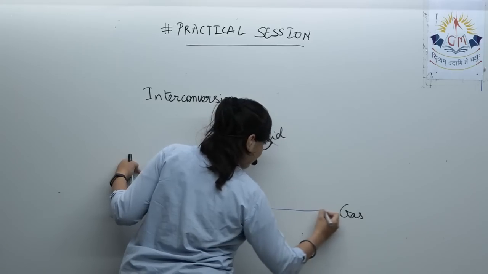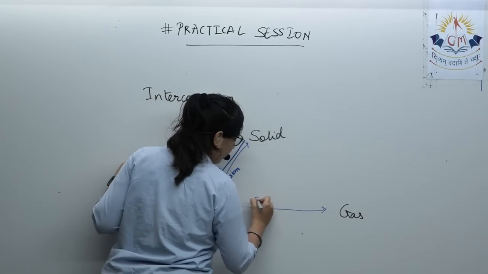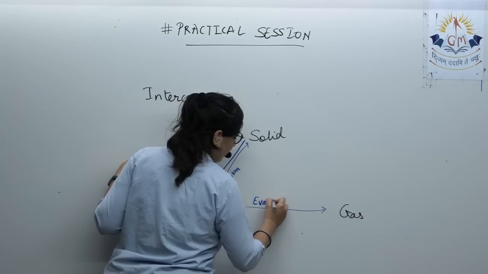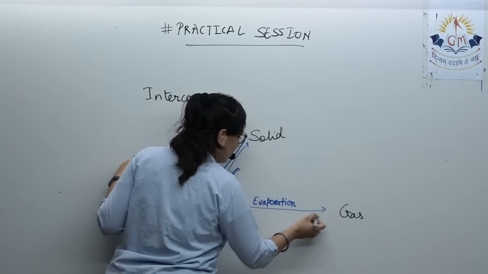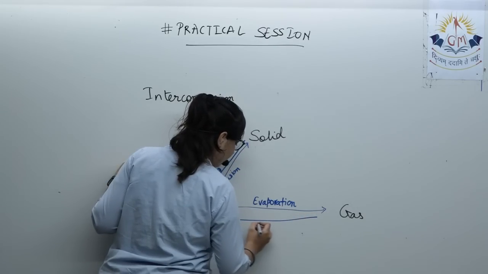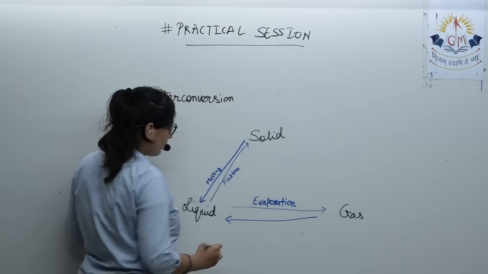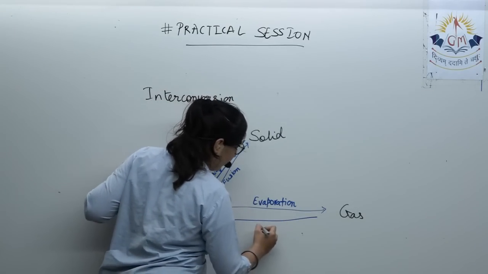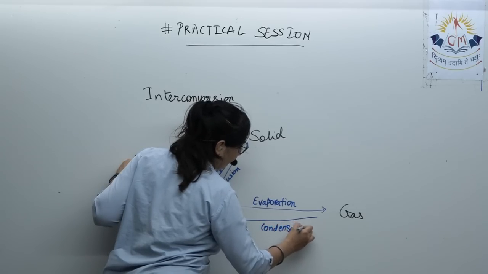When liquid gets converted into gas, it's called evaporation or vaporization. When gas gets converted into liquid, it's called condensation.